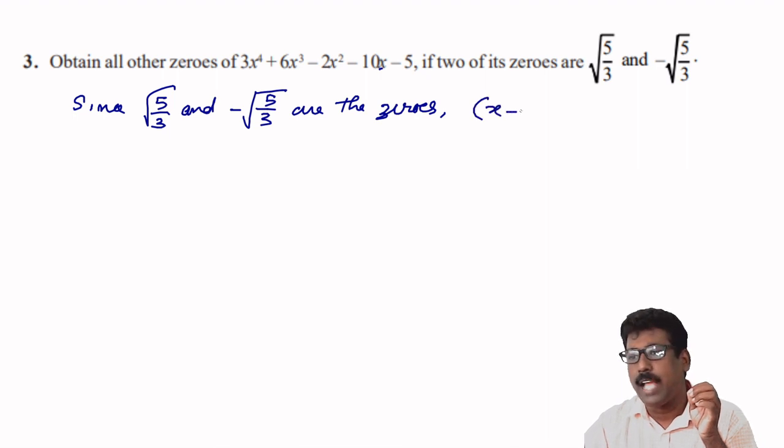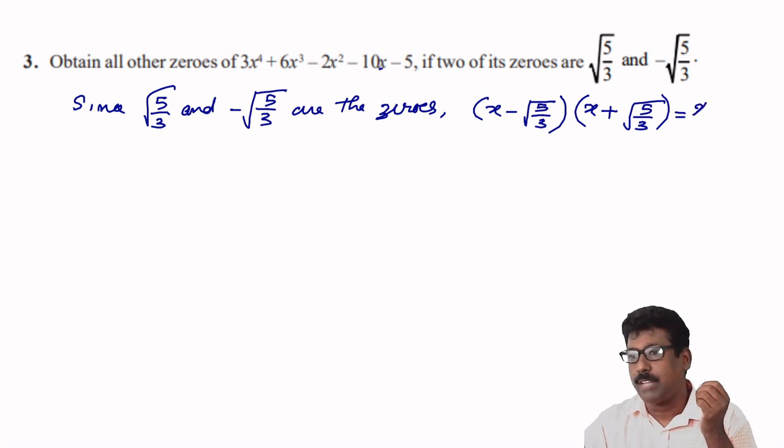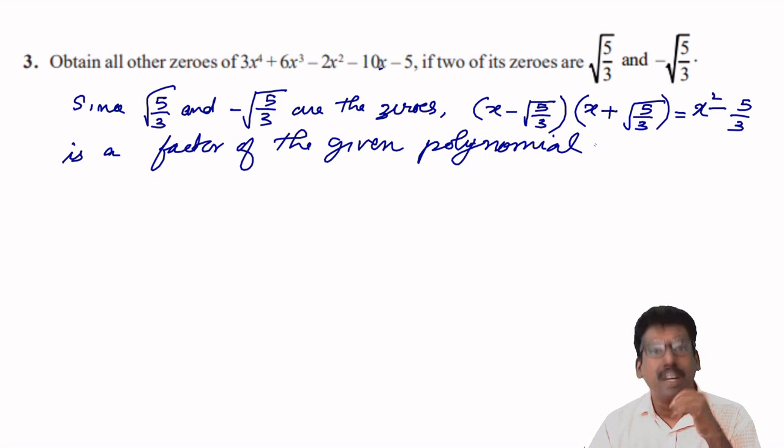Yes, x minus root 5 by 3 will be one of the factors, and the other factor is x plus root 5 by 3. And its product also will be a factor of the given polynomial. That means x square minus root 5 by 3 whole square, that is x square minus 5 by 3, is a factor of the given polynomial.